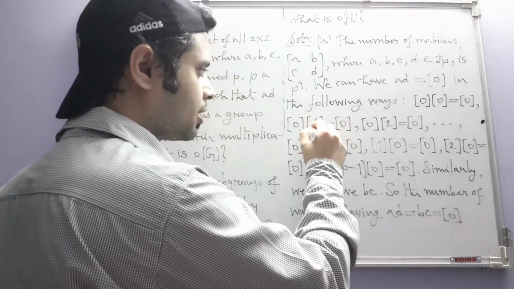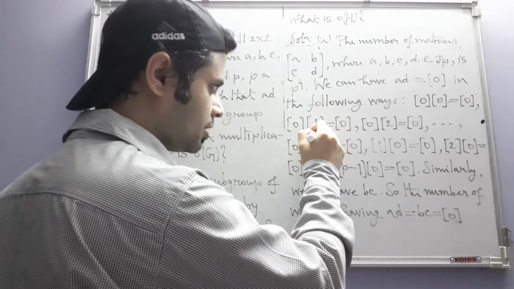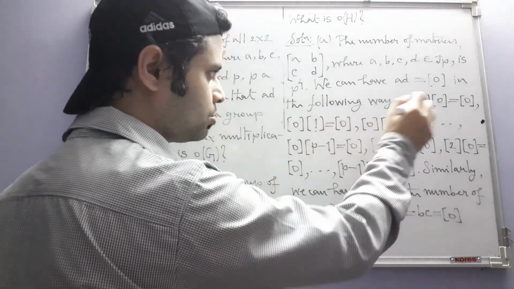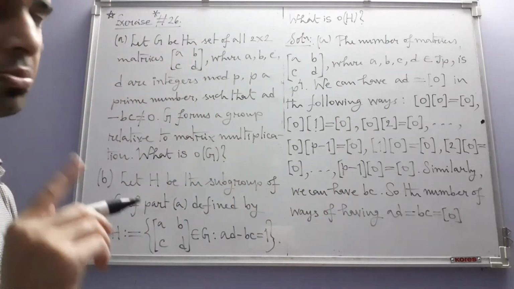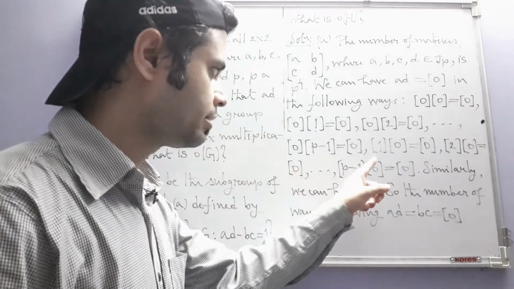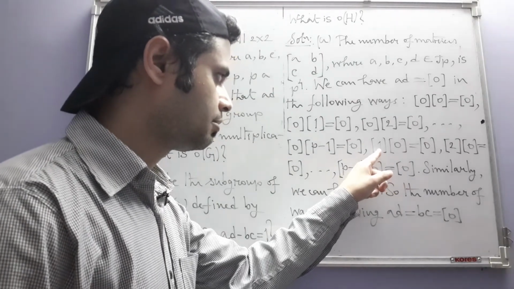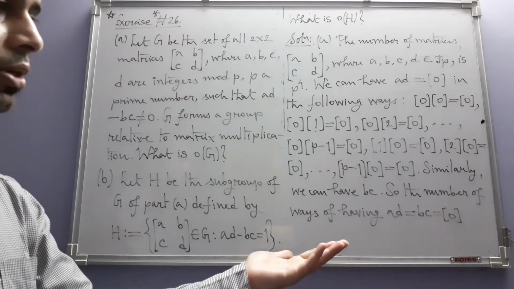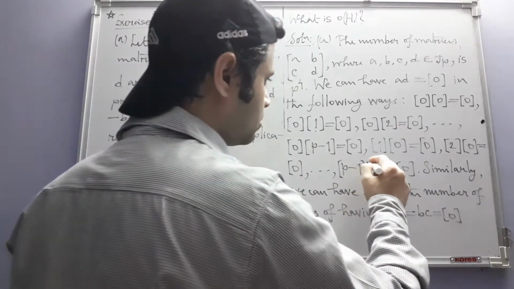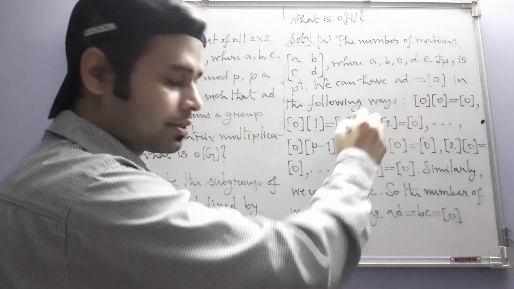If we start counting from this equation, 1, 2, 3, etc. up to P minus 1, we have P minus 1 possibilities. Just like that, from here to here, we have still P minus 1 more possibilities and one extra.